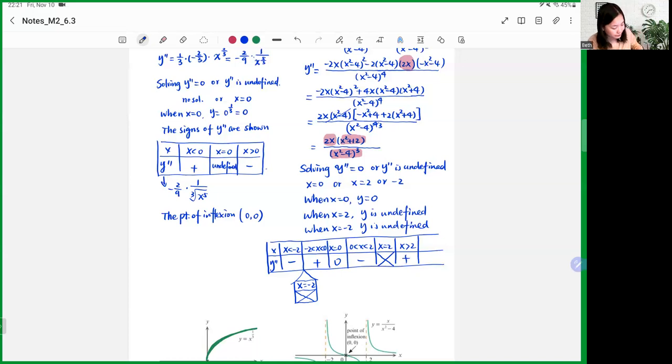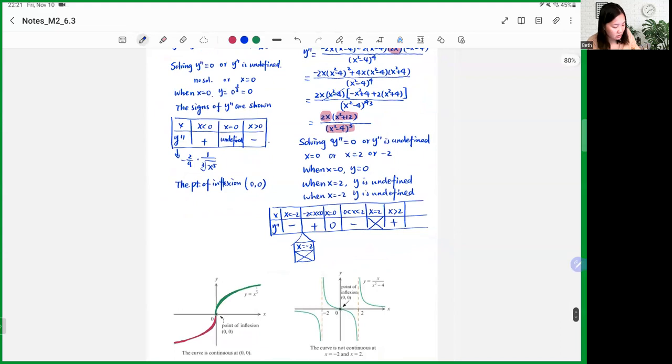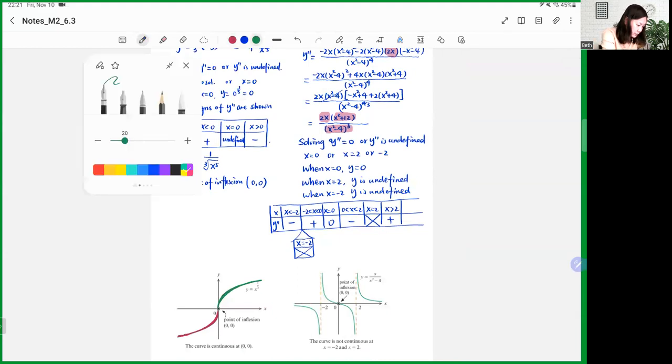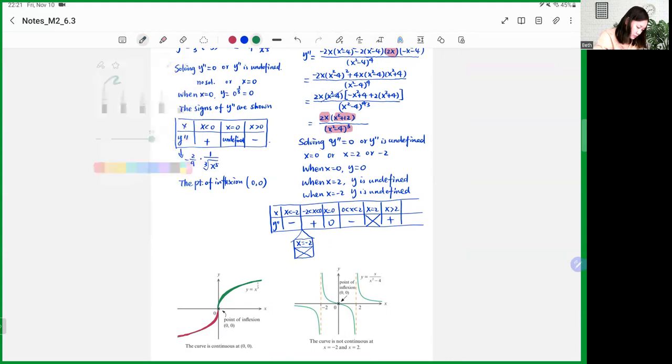Now, what does that mean? For checking the signs, you can still figure out the concavity, which is concave down, concave up, concave down, concave up. Now, what does it look like? There is concave down, concave down, concave up, concave down, and concave up.